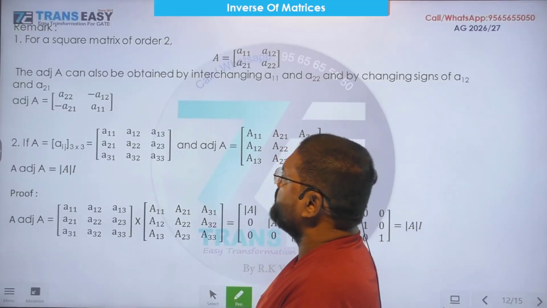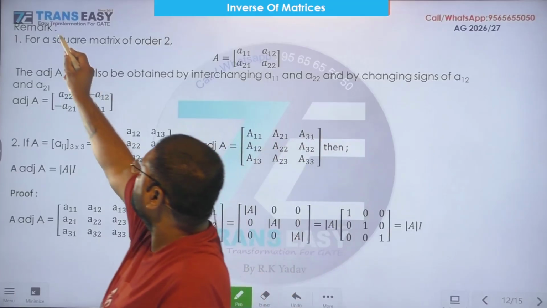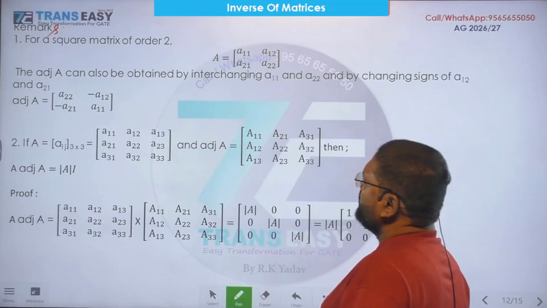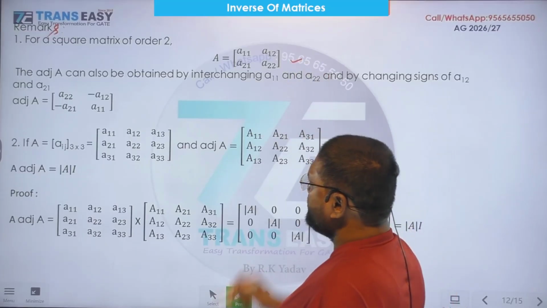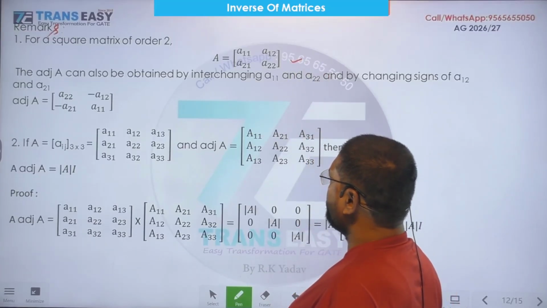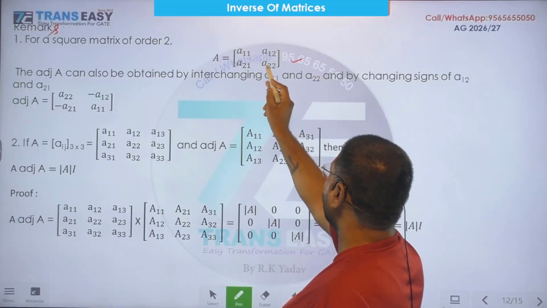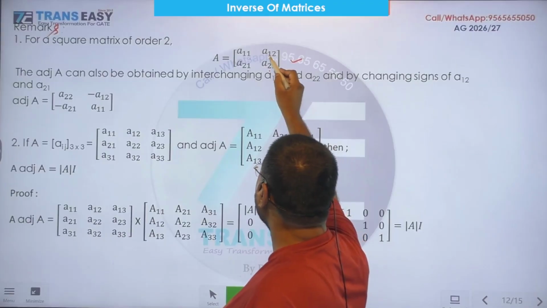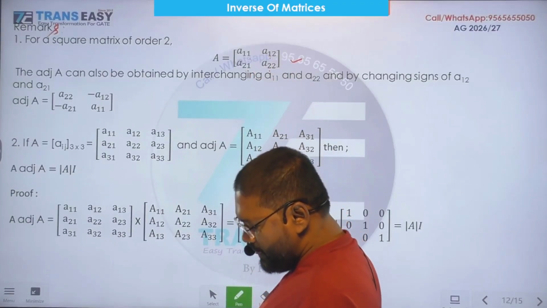Remark: for a square matrix of order 2, the adjoint A can also be obtained by interchanging a11 and a22 and by changing the sign of a12, a21.